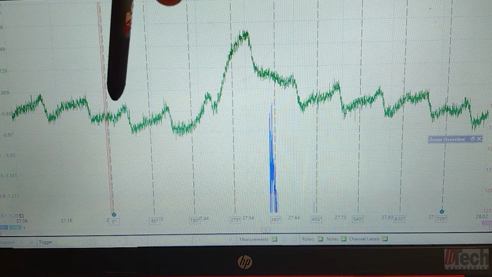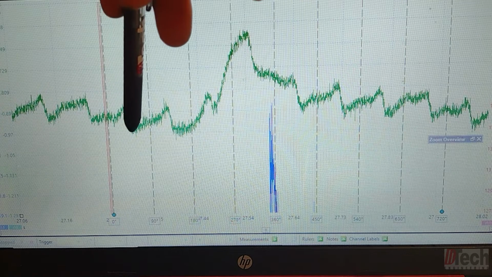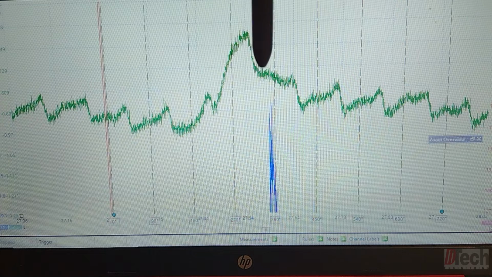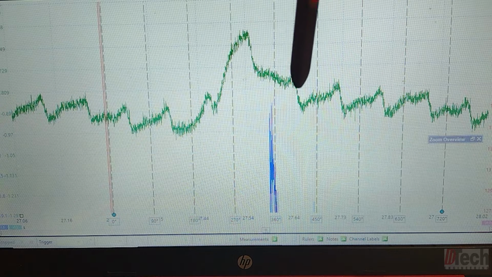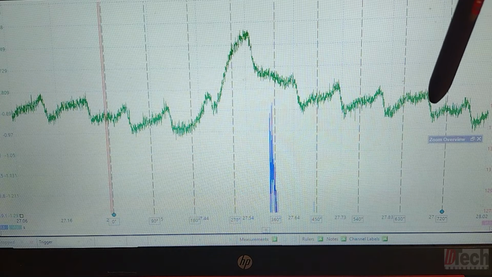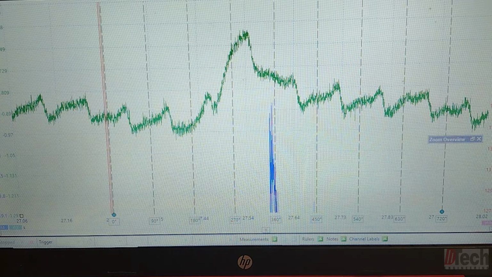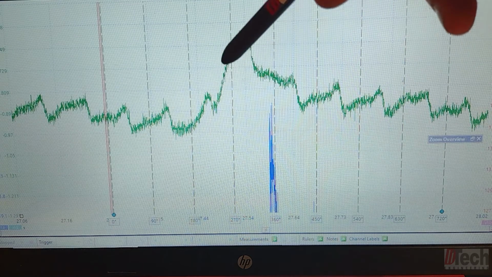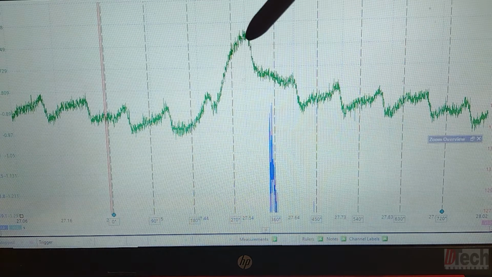If we look here, we have a pull going down there, 2, 3, 4, 5, 6, 7, 8. So there are 8 actual pulls going on, but we have this rise in pressure.